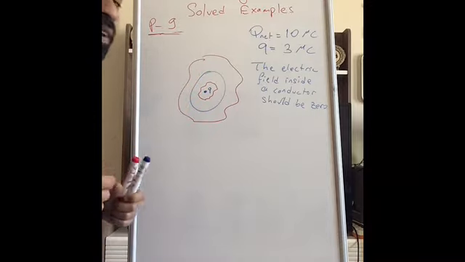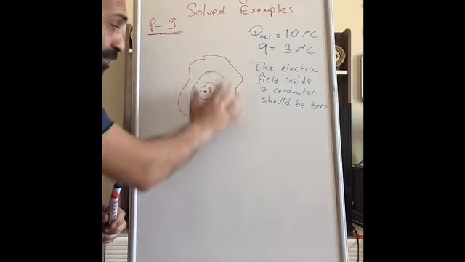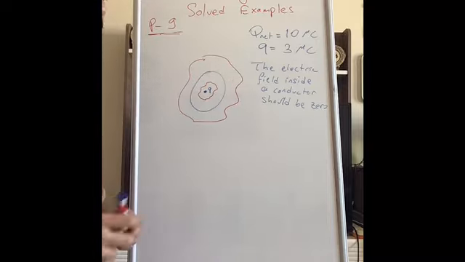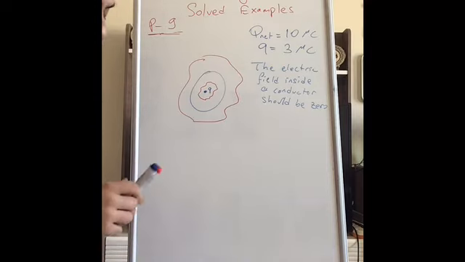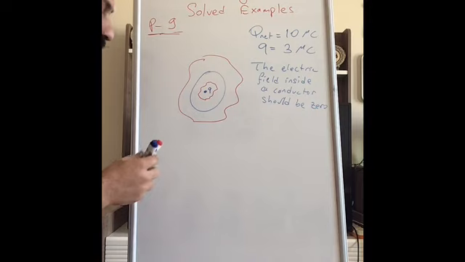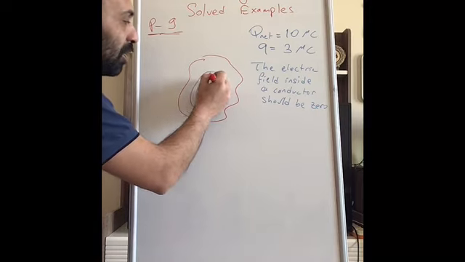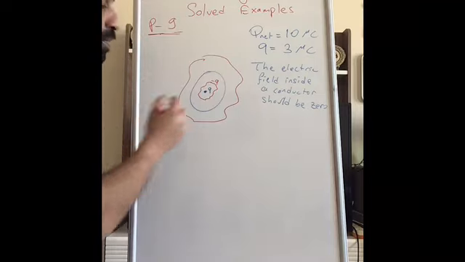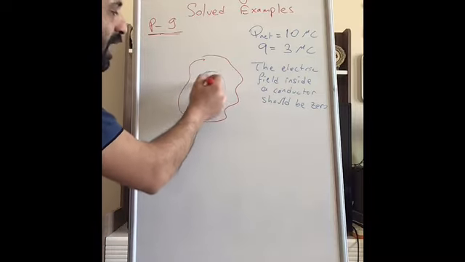It means the electric field is not zero inside the conductor, but the conductor doesn't like it, so it is going to react to make the electric field 0. How is it going to react? It's going to put some electric charges on the cavity wall, like minus Q. It's going to distribute this minus Q over the wall of the cavity.